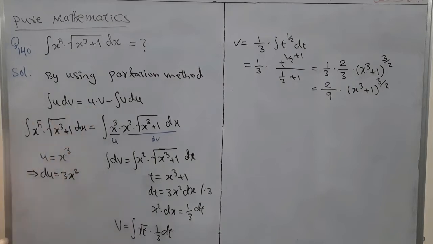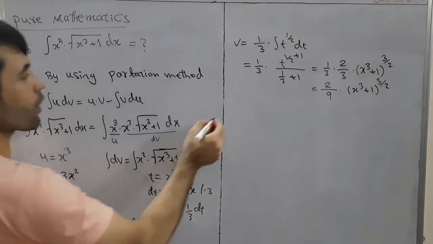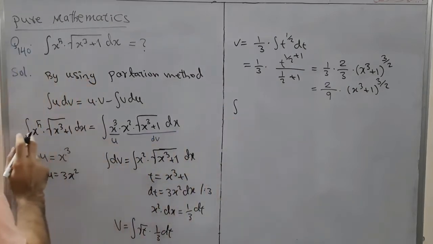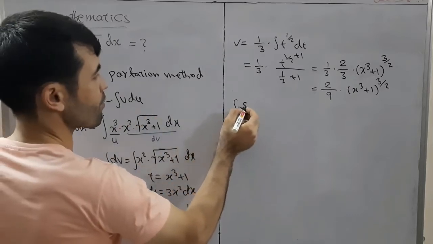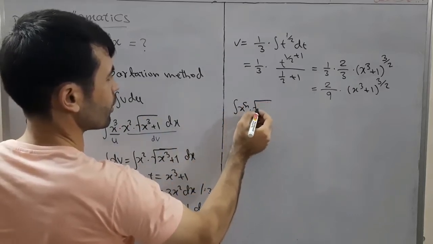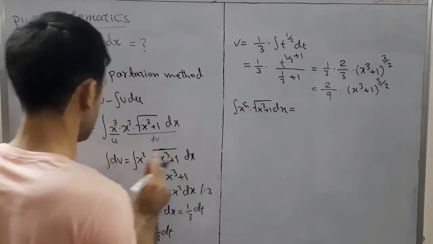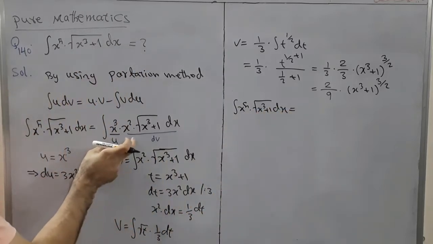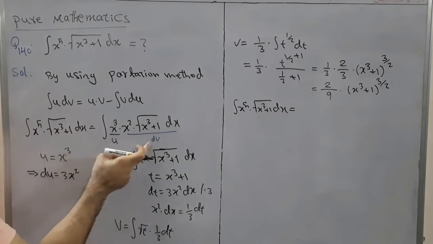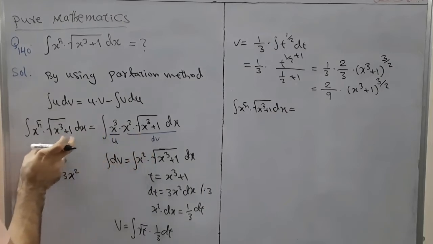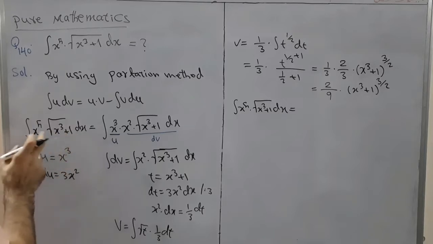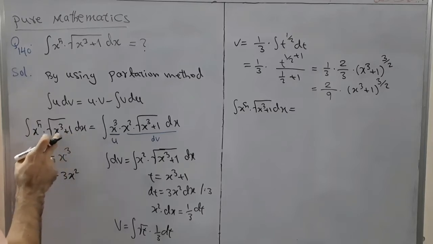We can put here the integral of x to the power 5 into the square root of x cube plus 1 dx is equal to, following u and dv, the original expression x to the power 5 into the square root of x cube plus 1.